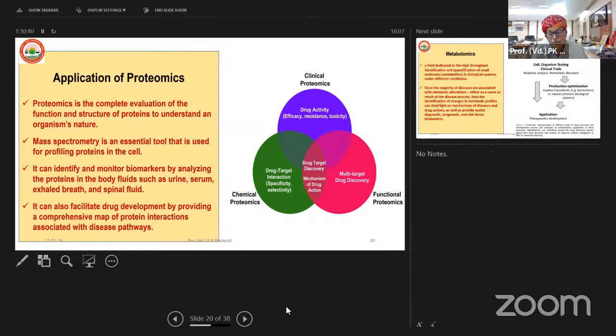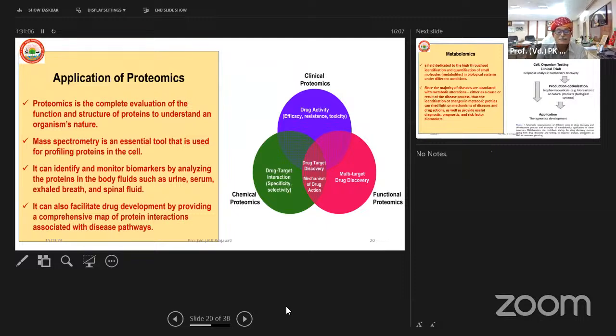We can use saliva, we can use sweat, we can use urine or stool. It is also available in Ayurvedic literature that by seeing the characteristics of saliva, urine, fecal material or sweat, we can assume the condition of Vata, Pitta and Kapha.